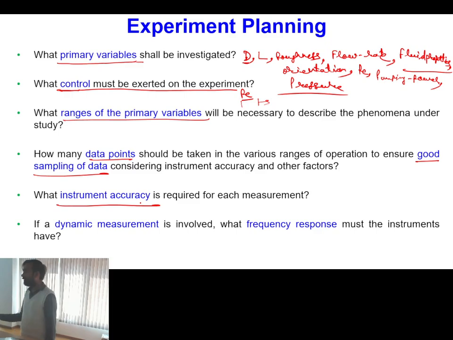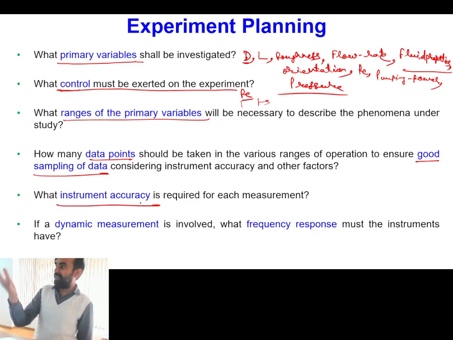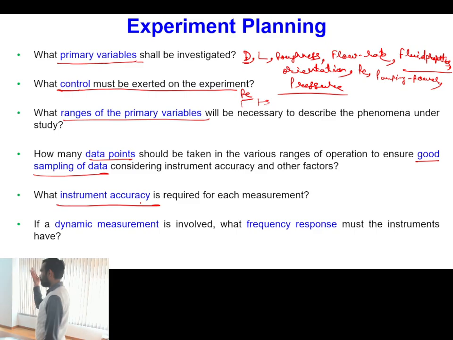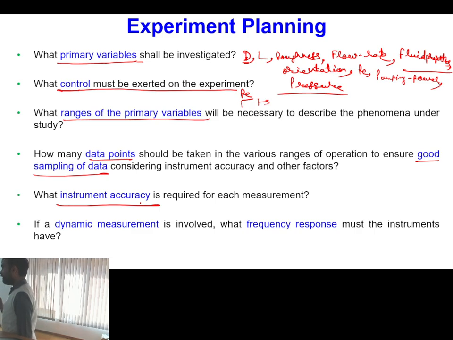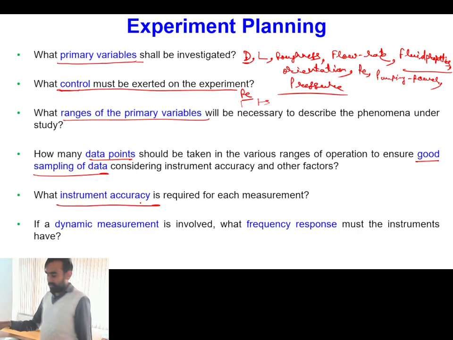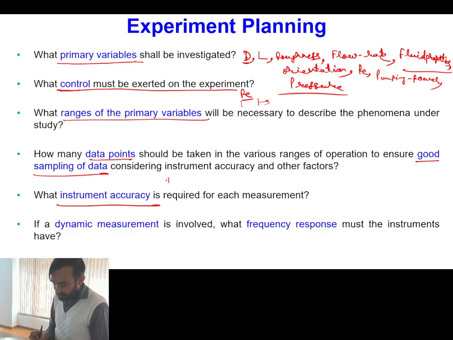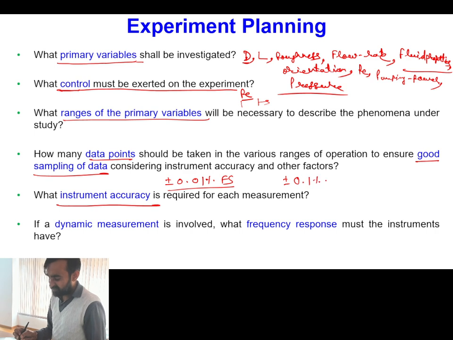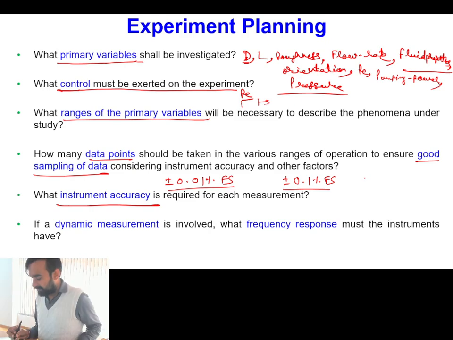But it may happen that the best possible instrument, say there is one ultrasonic flow meter which has uncertainty in the range of plus minus 0.01% of full scale. There is a turbine flow meter which has accuracy in the range of 0.1% of full scale. There is another flow meter, say a rotameter, which has accuracy in the range of plus minus 1% of the full scale.